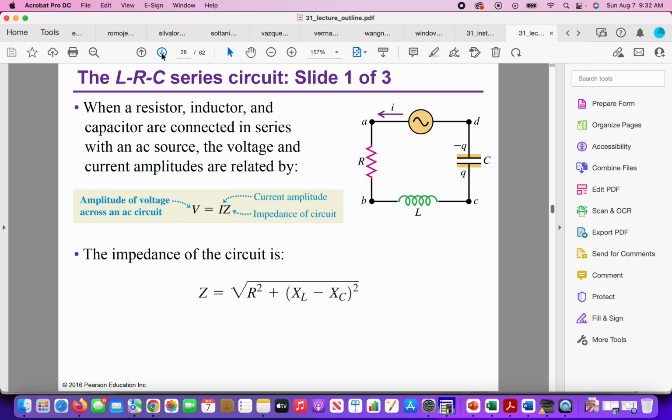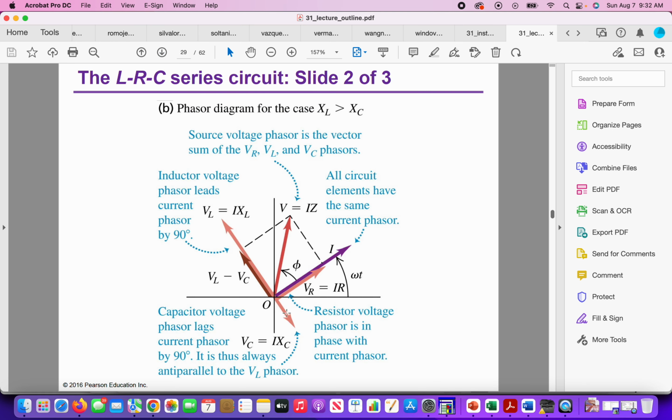The impedance of the circuit is Z equals the square root of R squared plus XL minus XC squared. I'm going to show you how this was derived. Here, this is the voltage amplitude. This is VR, this is VL, and this is VC.